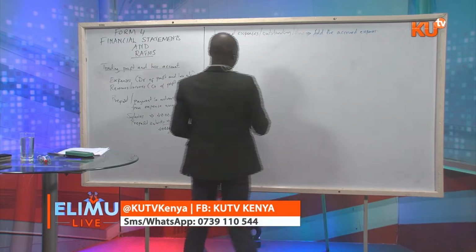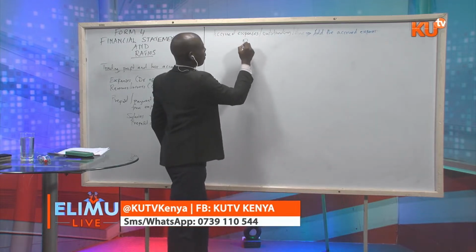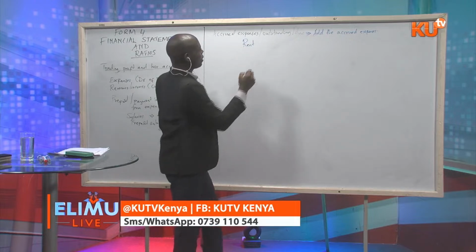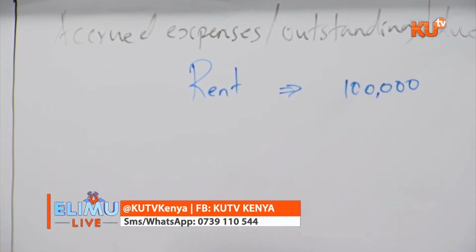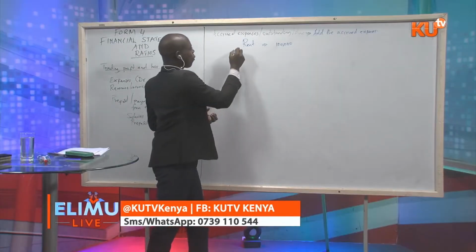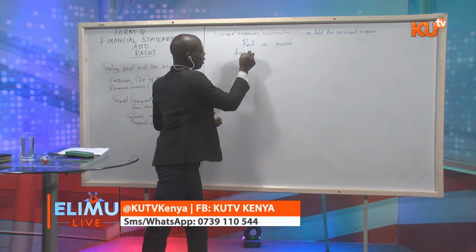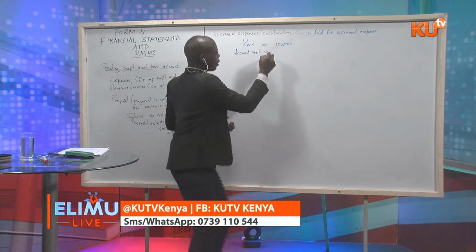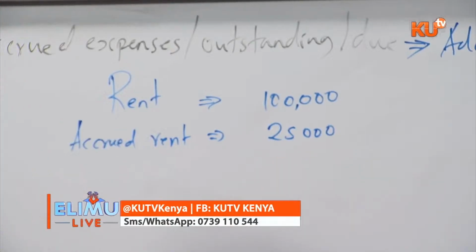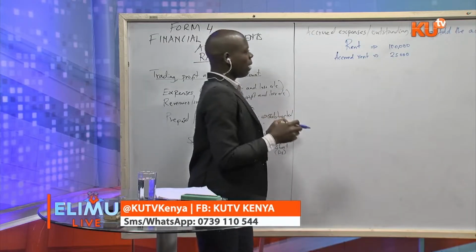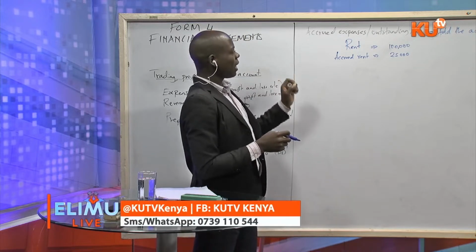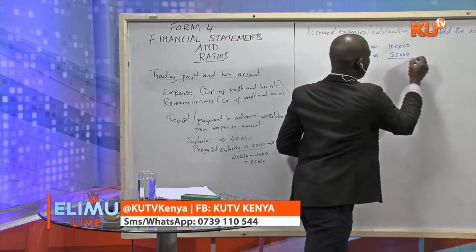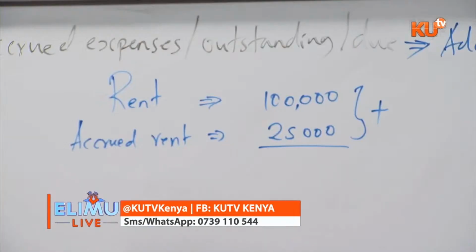In this case, if, for example, a business had a record of rent as an expense amounting to 100,000, and we are told the business had an accrued value for rent of 25,000, then to determine the actual value recorded under the rent expense, we add the accrued to the real rent expense.